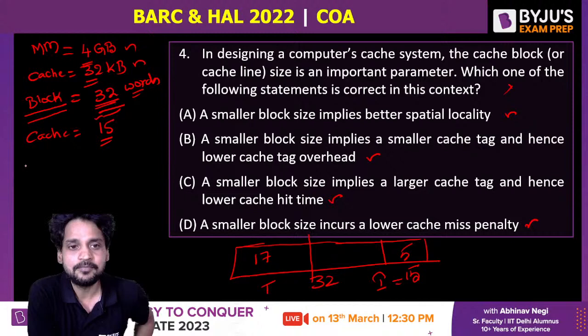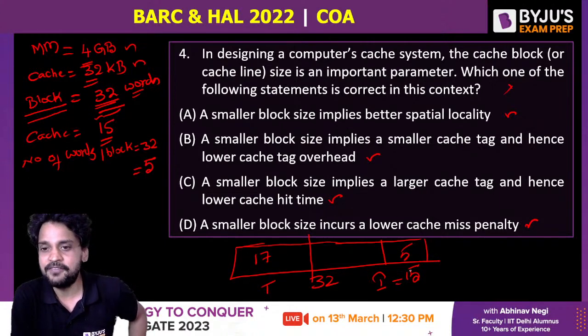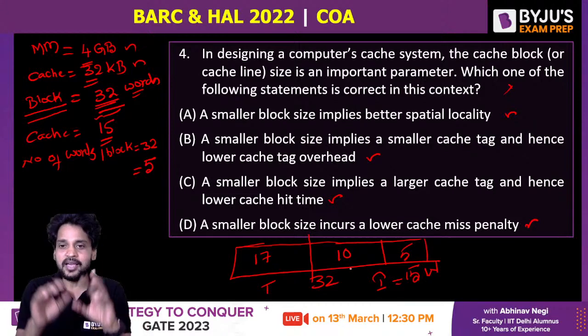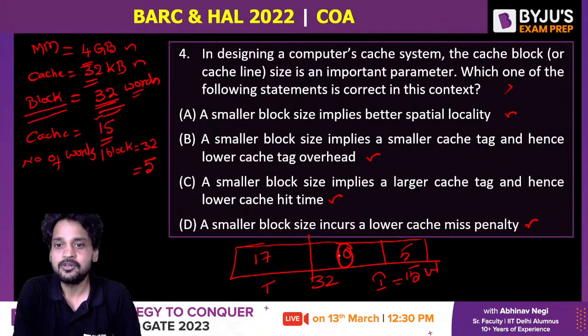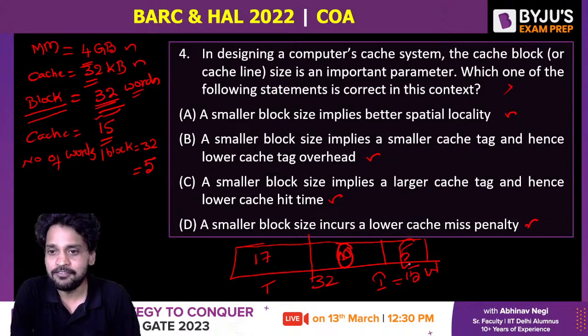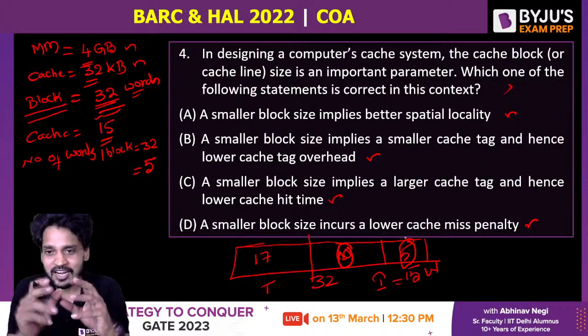Number of words per block is 32, which requires 5 bits. So the least significant bits, the word field, will be 5. Then 15 minus 5 is equal to 10, so in my system I have a total of 2 power 10 blocks and 2 power 5 words. In my cache memory, a total of 2 power 10 blocks are available, with each block having 2 power 5 words.